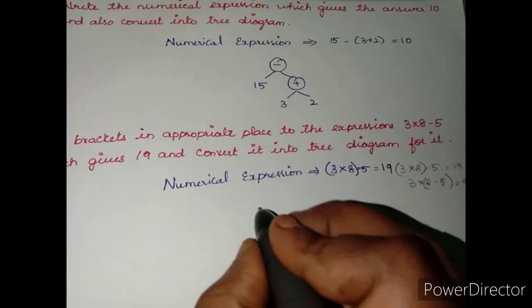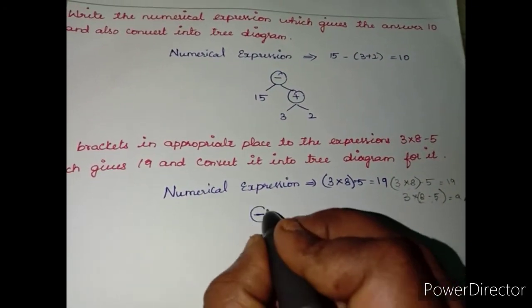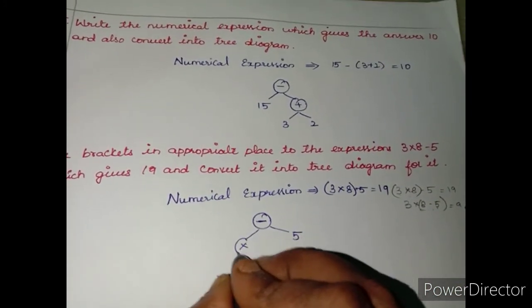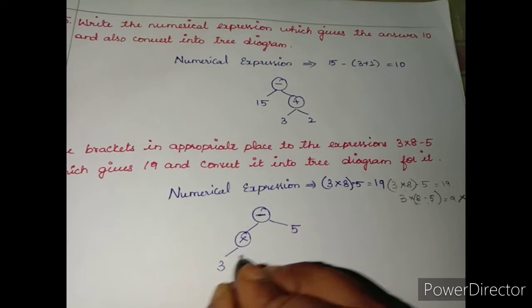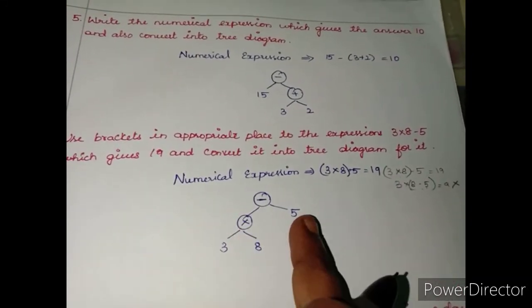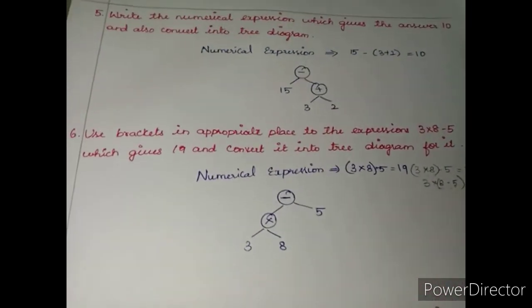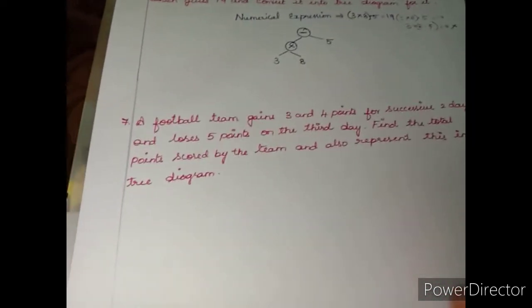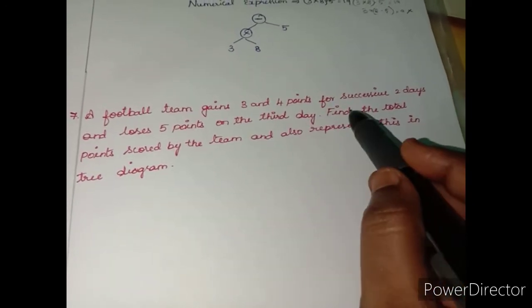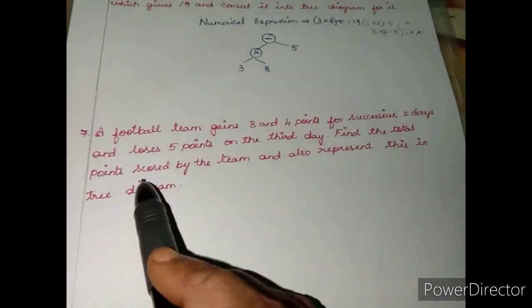So what is the main sign? Minus 5. Here multiplication 3 and 8. 3 8s are 24. 24 minus 5 is 19. Clear?